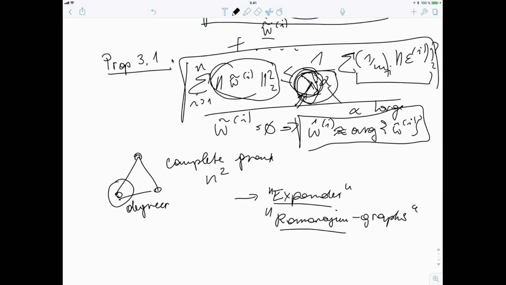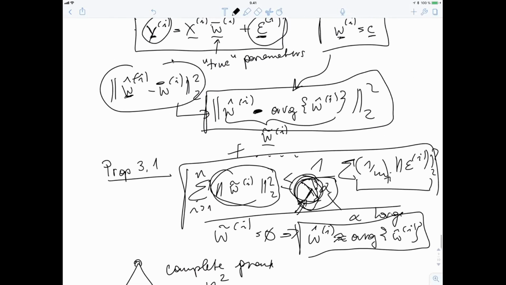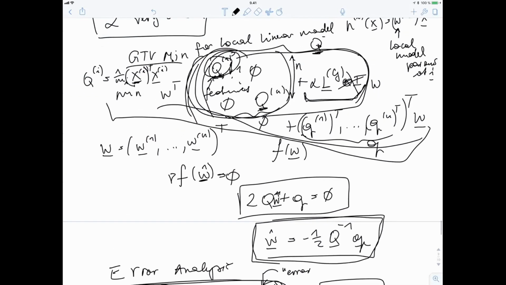Pretty cool. Okay, that's what I wanted to tell you about GTV minimization as our main federated learning principle in this lecture. The next lecture on Monday, we'll talk about gradient methods. This is our bread and butter tool to solve learning problems like GTV minimization, like ridge regression, like linear regression.